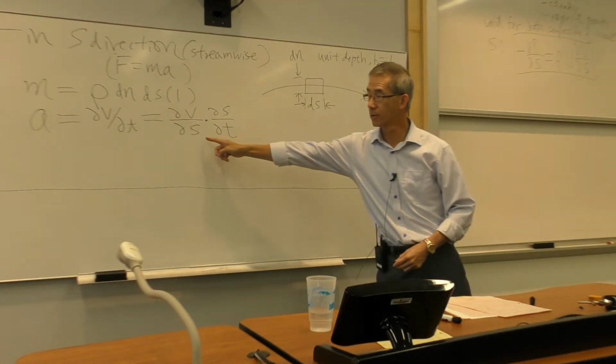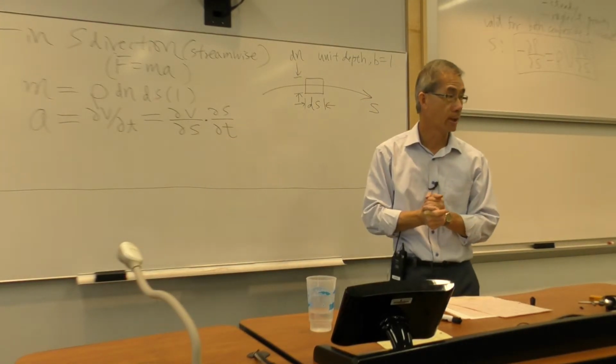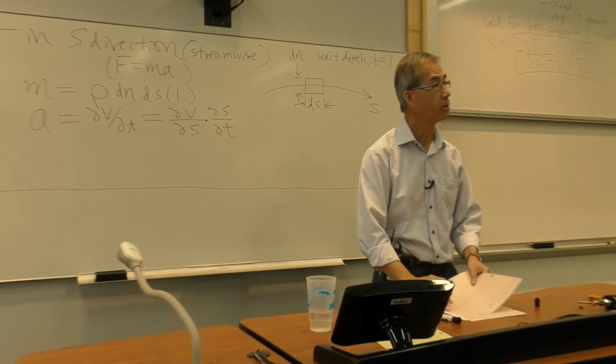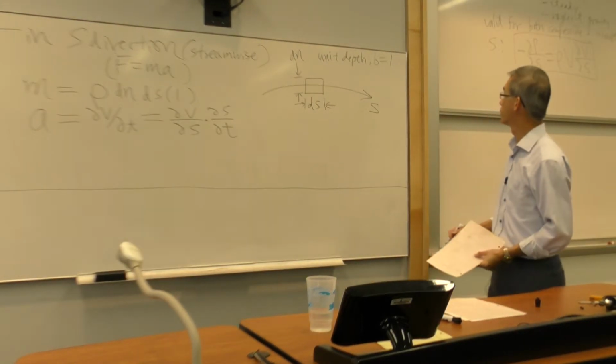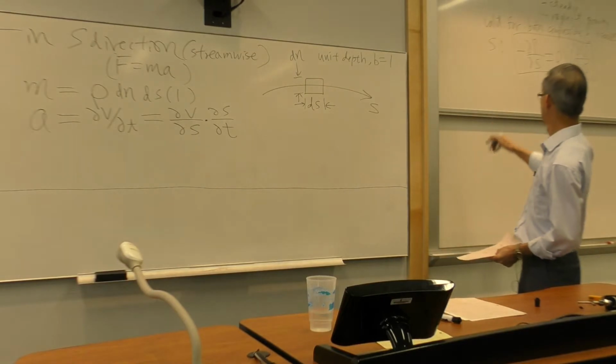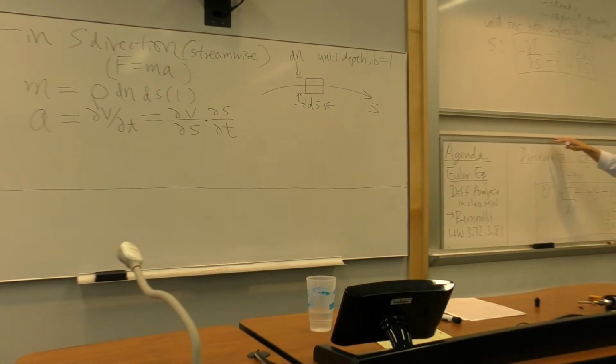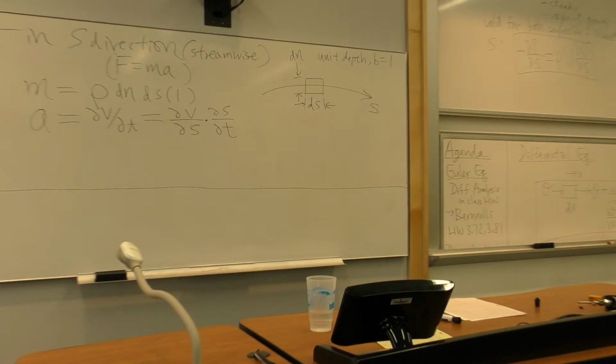So this is a very peculiar term, all right? And we will have a name for each one of those later on. But right now, as a first taste of differential analysis, I try to make it as simple as possible. All right? So this is kind of an appetizer of what differential analysis is about. And we will simply do this now for the benefit of deriving the Euler's equation.